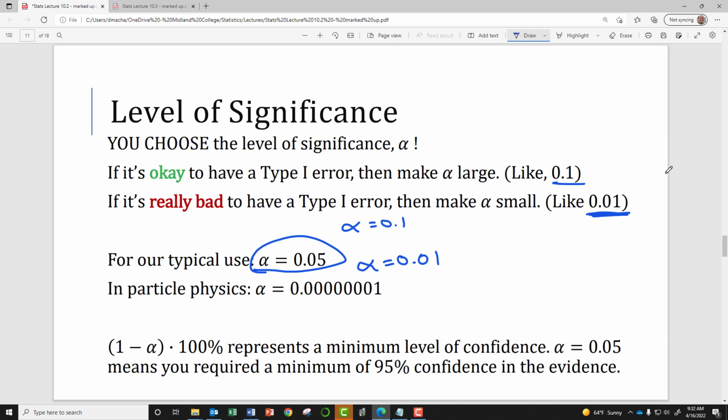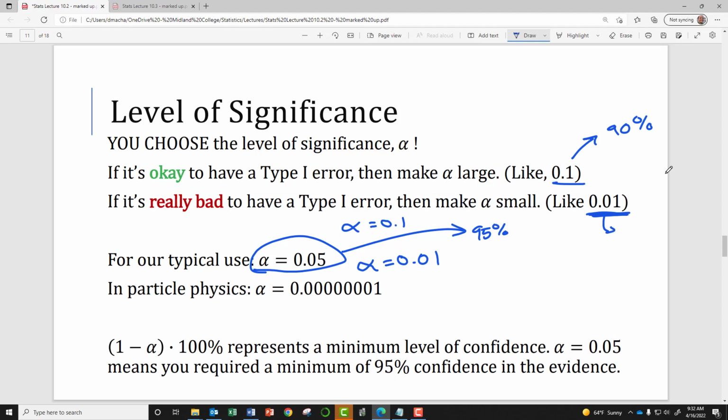Now, 1 minus alpha times 100% represents a minimum level of confidence. And so if your level of significance alpha is 0.05, this would correspond to a 95% minimum level of confidence. If you had an alpha of 0.1, that would correspond to a 90% minimum level of confidence.